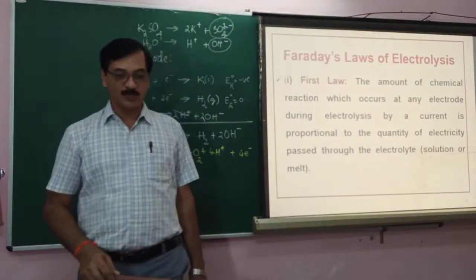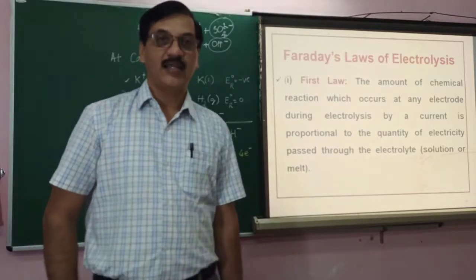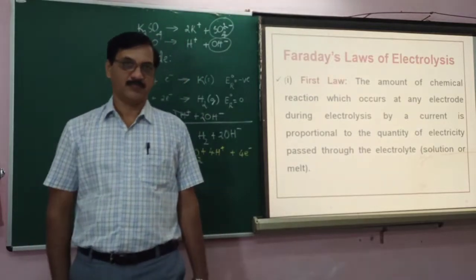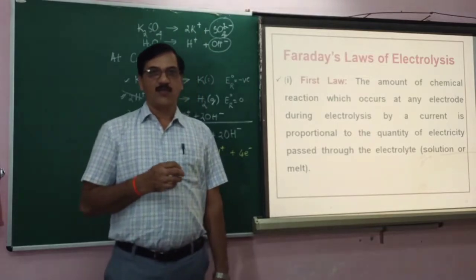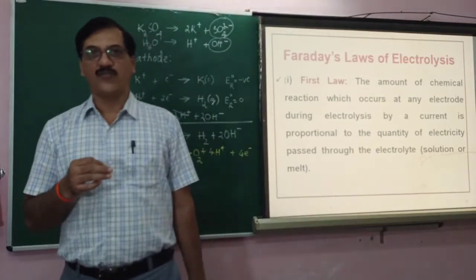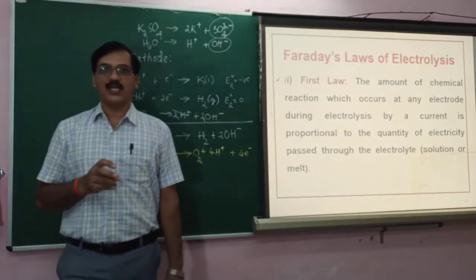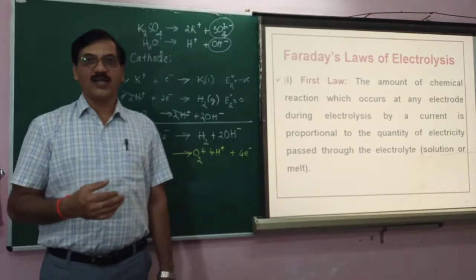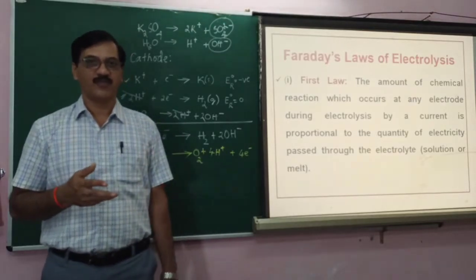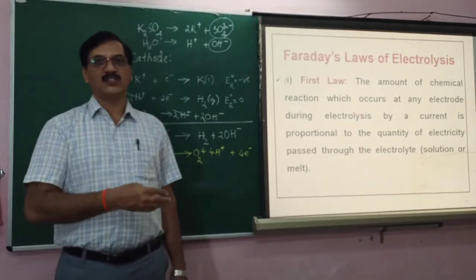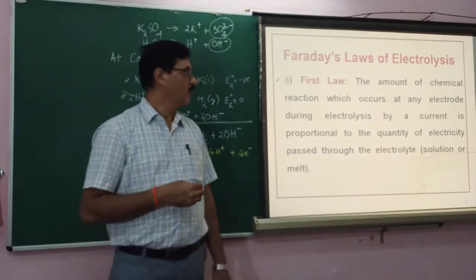Now let us see how much is being produced. That is given by Faraday's laws of electrolysis. We have a law called Faraday's law, and it states that the amount of chemical reaction which occurs at any electrode is directly proportional to the charge passing through the electrolyte.